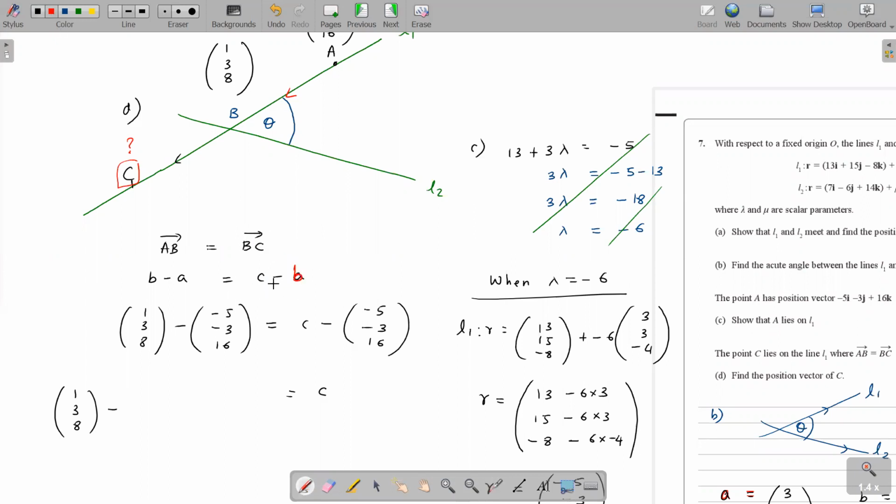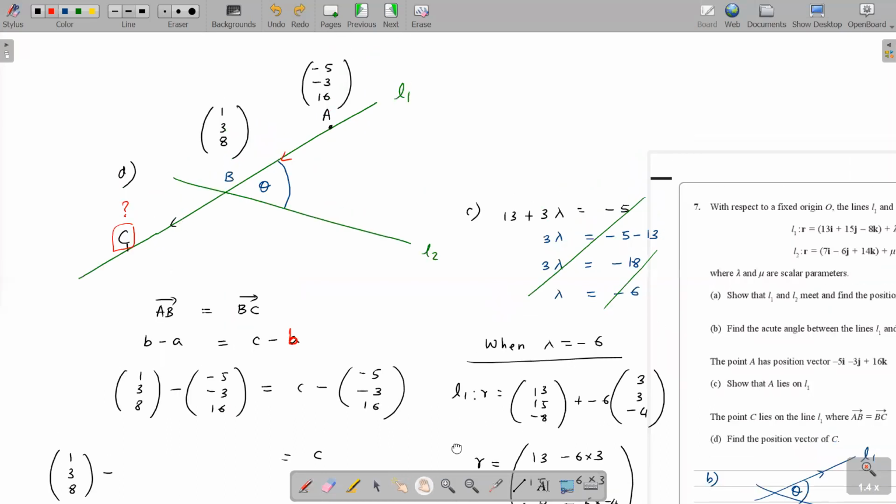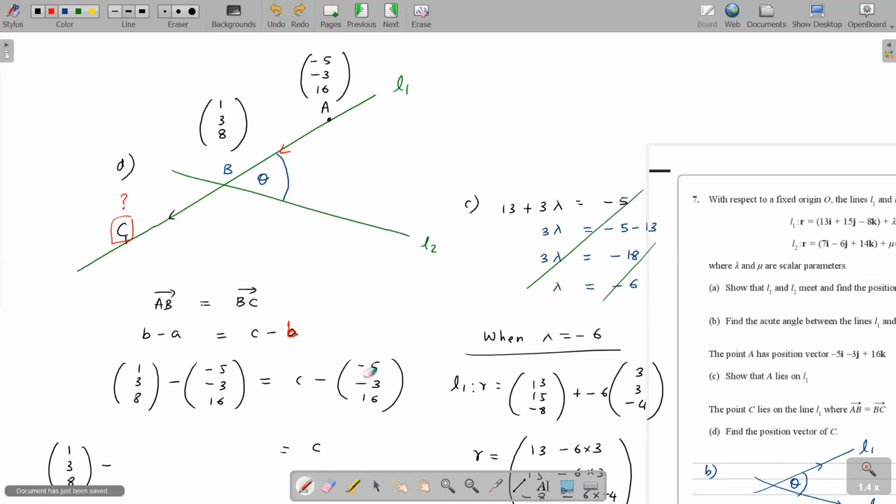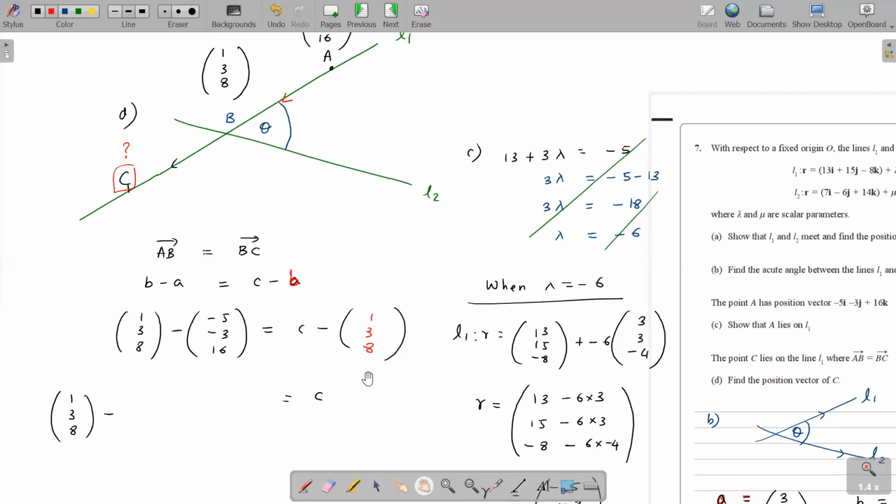BC is C minus B, not C minus A. Okay, AB is B minus A, BC is C minus B. So I have to change here. So -5 minus 3, B vector is 138, so I'll change that. This should be 138. I hope you guys are okay with that. C minus B, B is 138. So this is 138 minus -5 minus 3, 16. The minus part comes as plus and you get the vector here 138.